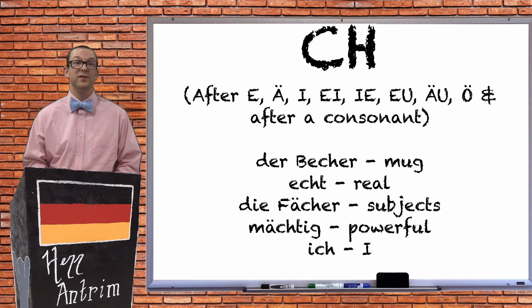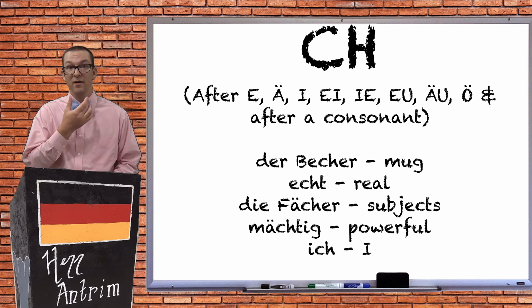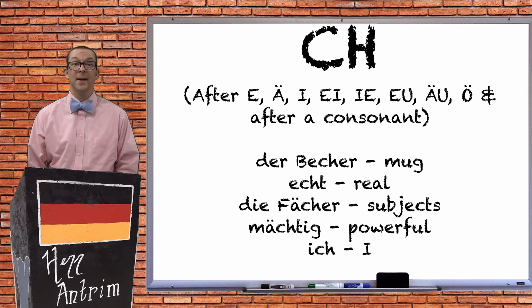The letters used before this sound are E, A umlaut, I, E, U, A umlaut, U, and O umlaut. You can also use it after a consonant. Easy version, if the sound preceding the CH comes from the front of your mouth, use the soft CH. Here are some examples.